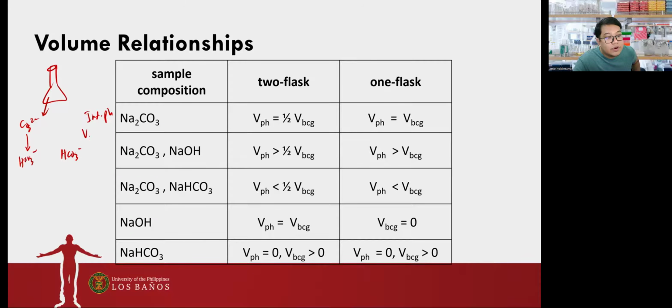And that will serve as your VPH. So, pag na-convert na tong part na to, yun na yung faint pink endpoint. Next ay, pag nag-faint pink na siya, we will add the second indicator na BCG. So, it will convert all bicarbonate to carbonic acid. And the bicarbonate na hiwalay na from sodium bicarbonate, it will convert to carbonic acid. And this will serve as your VBCG.